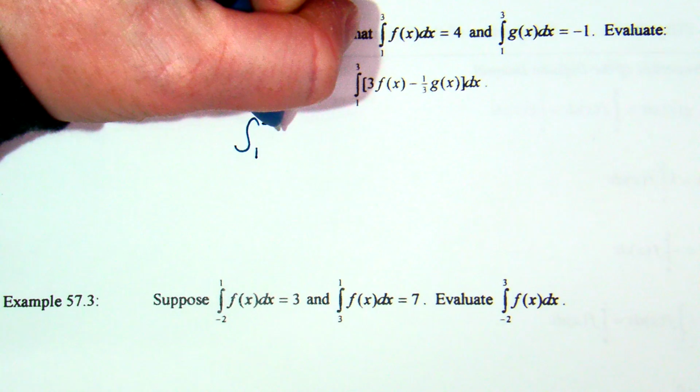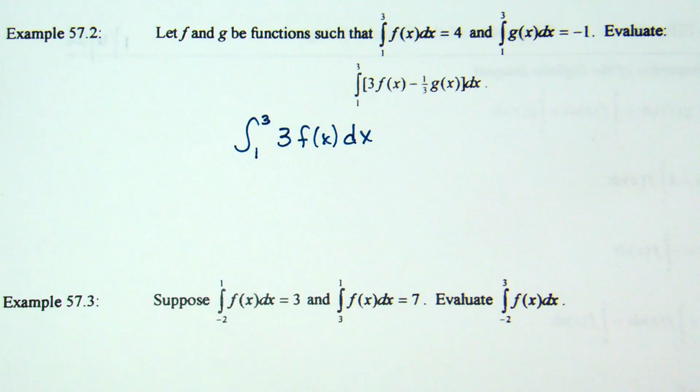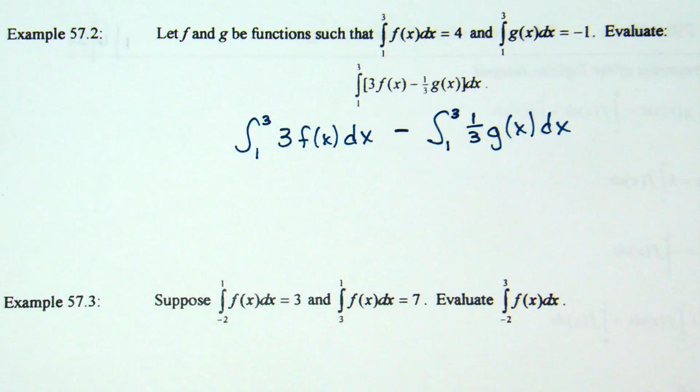The first integral being the integral from 1 to 3 of 3 times f of x dx, minus the integral from 1 to 3 of 1/3 g of x dx. So that's kind of my first step I took. And again, you may be seeing it more and not needing me to do all these baby steps. I don't think you'll need me to do the steps as much after you see it the first time.